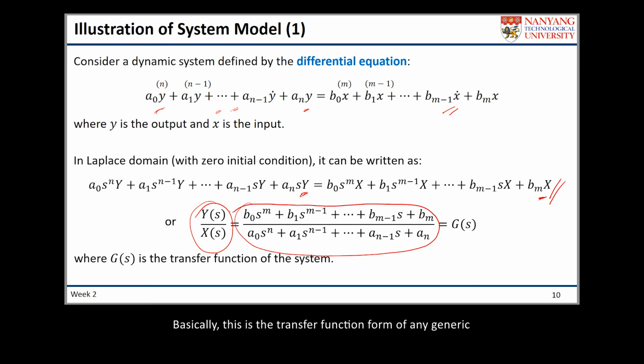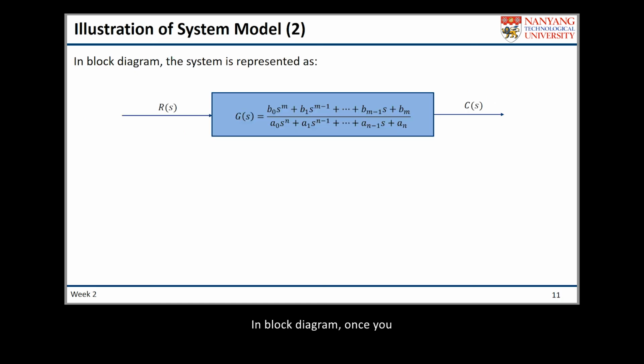So basically, this is the transfer function form of any generic differential equation, and this will become the transfer function of this generic dynamic system. In a block diagram, once you have the transfer function of the system, you can simply put the transfer function equation in the block of the system.